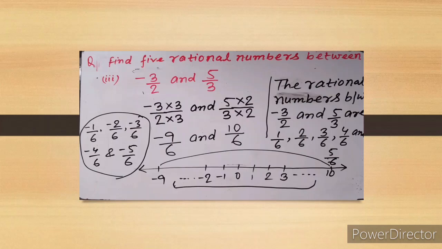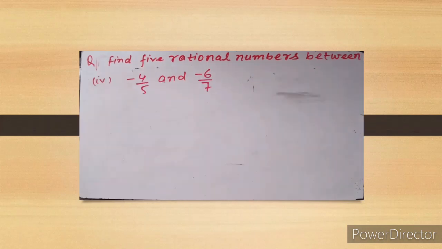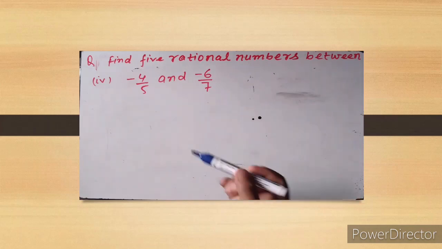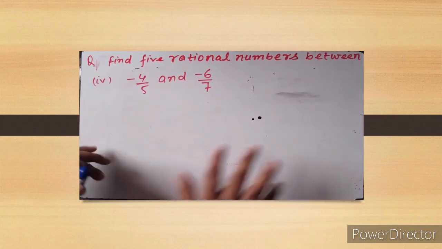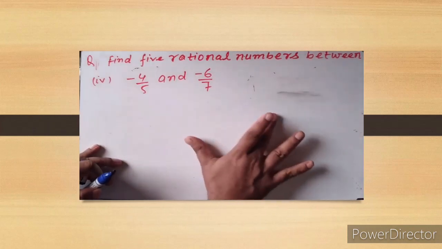But if you do multiply by taking one number ahead, that will also not be incorrect, that will also be correct. So now we will see the next question. Now students, pause the video and try to solve this question yourself.